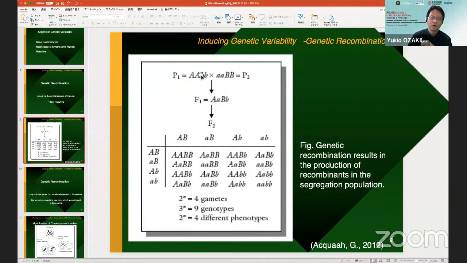But if only large A or only large B exists in the plant, then no plant pigment can be synthesized. That is one simple example of the gene combination effect. Is it okay?